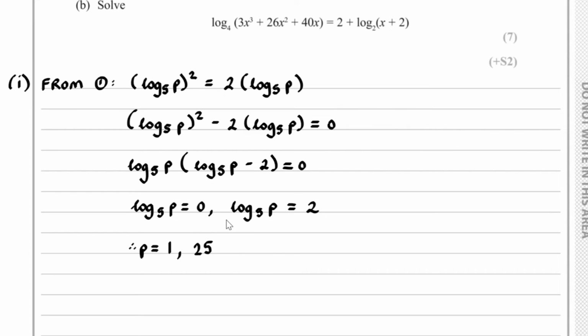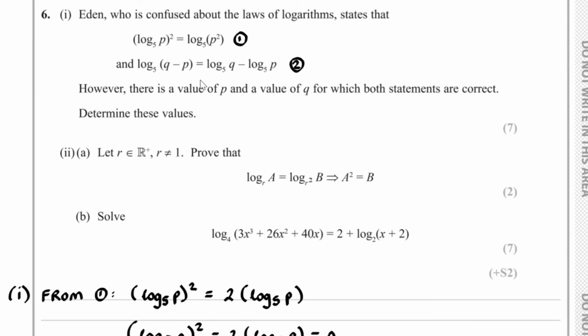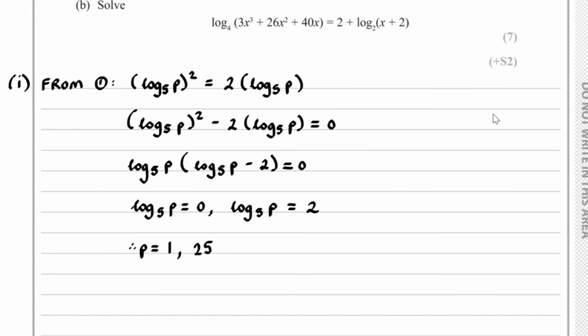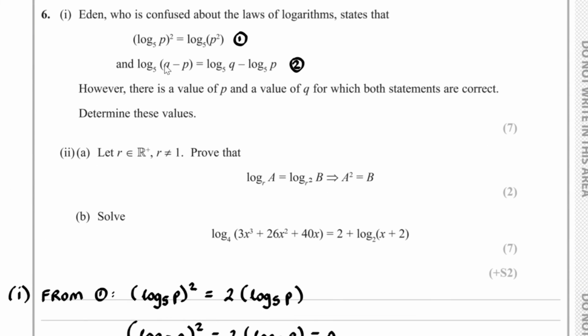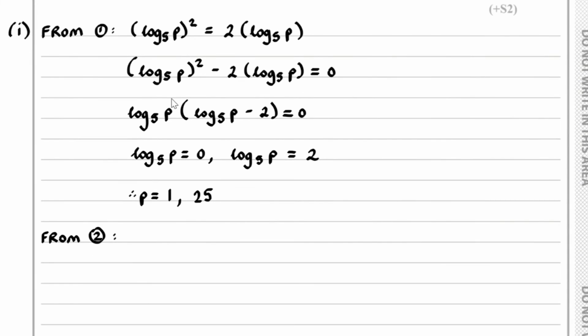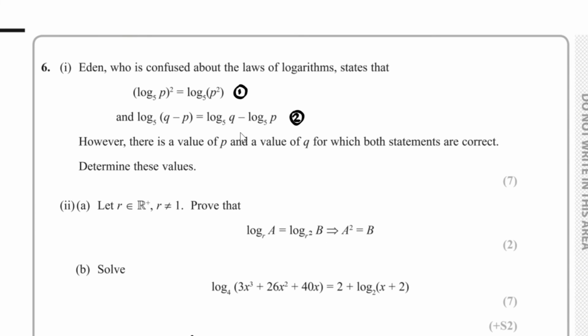Now, if we take a look at equation 2, we can simplify the left-hand side. So from equation 2, the left-hand side will remain the same as log base 5 of q minus p, but the right-hand side, we can use the subtraction law of logs.